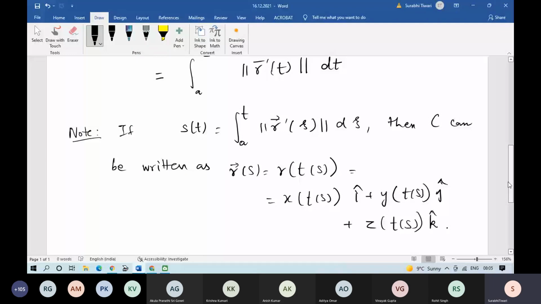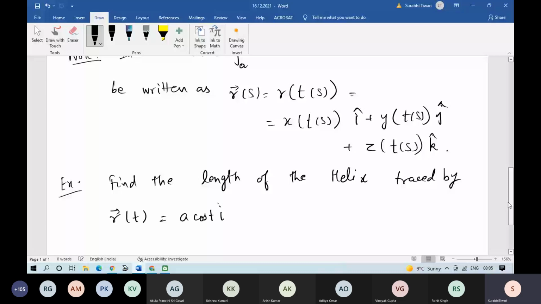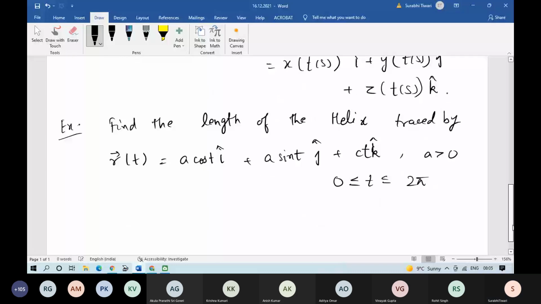Write a question on this. Find the length of the helix traced by R(t) equal to a cos t i plus a sin t j plus c t k. a is a positive real number and t lies between 0 to 2π.